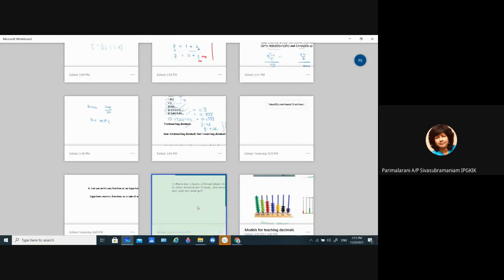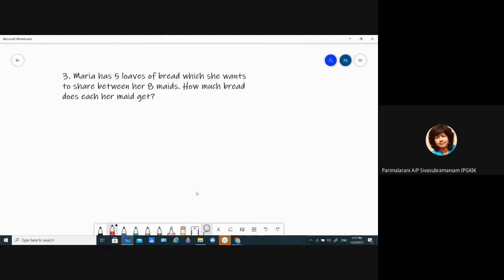Okay, let's try another problem solving question. A simple question. Maria has 5 loaves of bread which she wants to share between her 8 mates. How much bread does each mate get? So what is your answer?